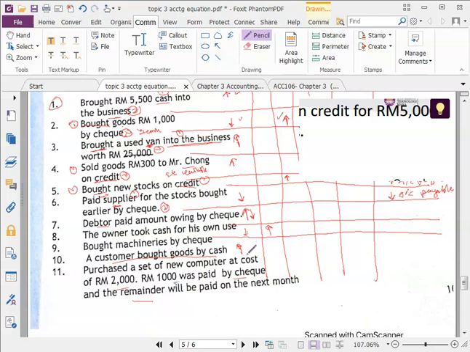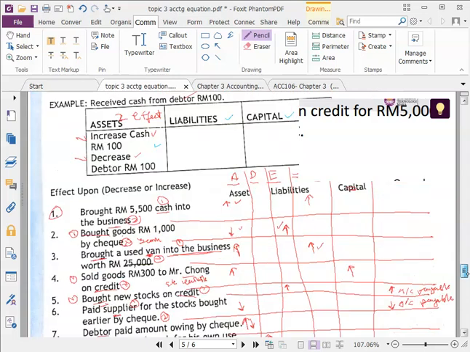So another one, customer bought goods. Apa dia? Salah. Confident tu Putri. Siapa tahu? Customer bought goods. Bukan owner. Yes, that's right. Revenue. Okay, customer bought goods means that's revenue lah. Increase. Revenue increase.